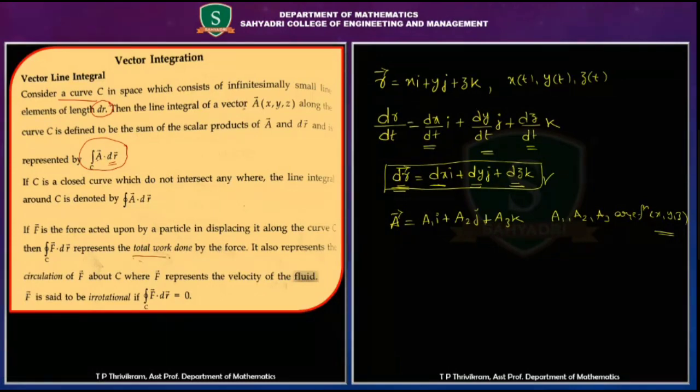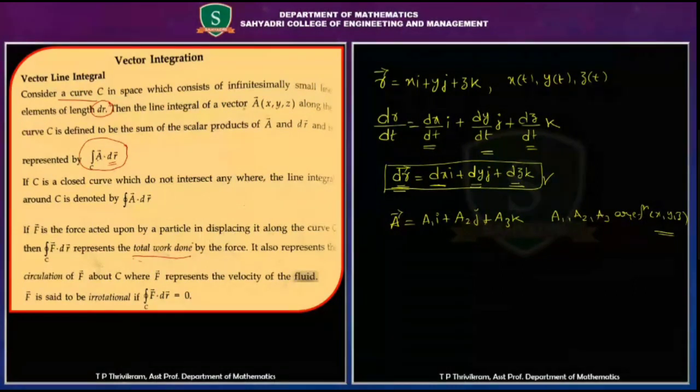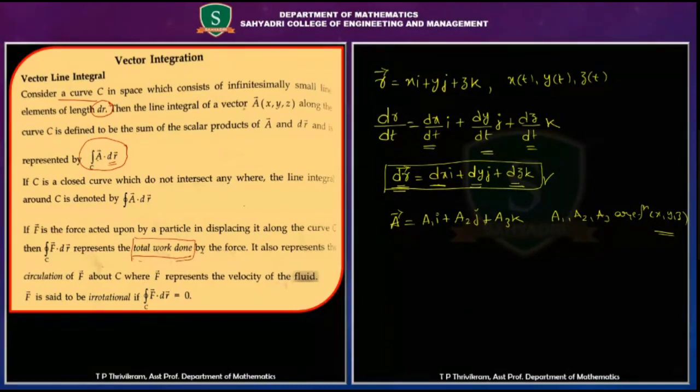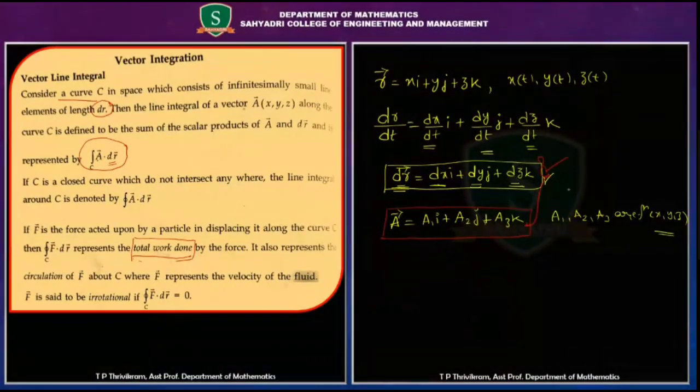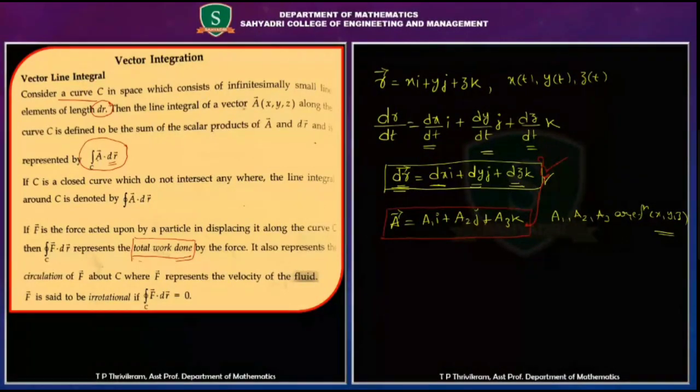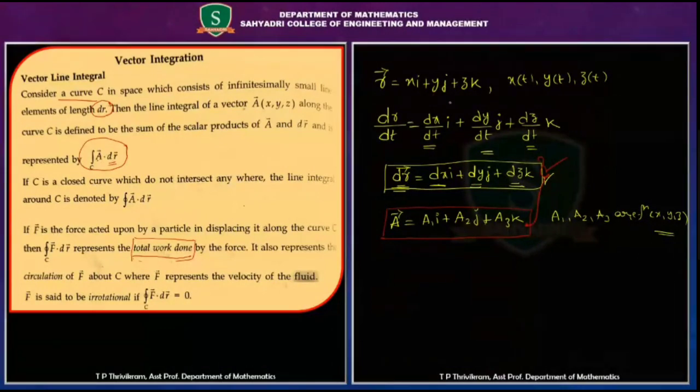So whenever he asks us to find a line integral or single integration, he will ask us in this way: find the total work done by the given force, where here r is nothing but this one and F is nothing but this A vector. So you have to do the dot product between these two and evaluate the integral. That's it. So let us see how the problems will be.